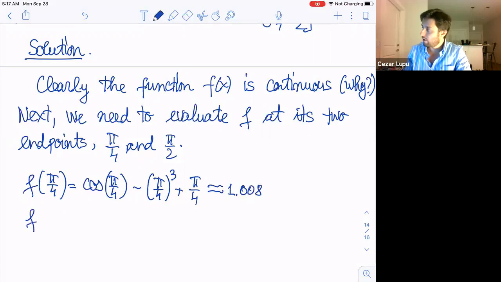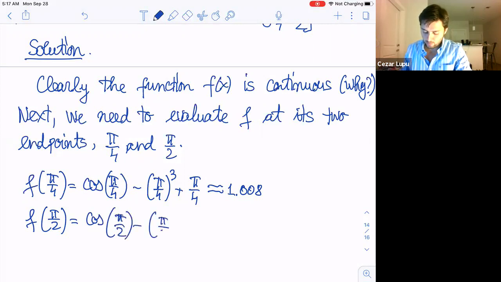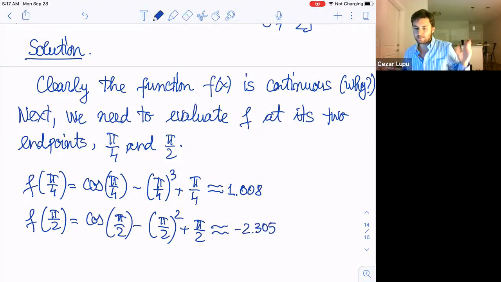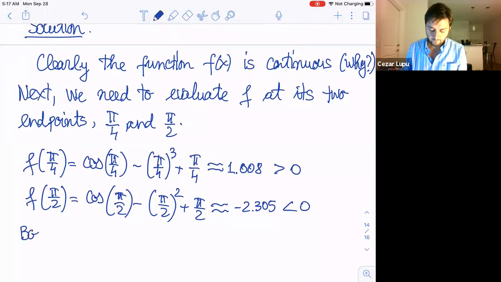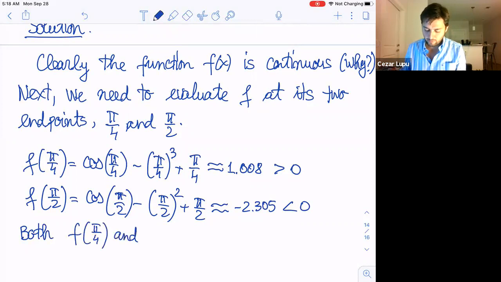And now if we compute f of pi over 2, this will be nothing else than cosine of pi over 2 minus pi over 2 squared plus pi over 2, which is approximately negative 2.305. Well, this is what it says in the notes, okay? Well, as you can see, one of them is positive, the other one is negative, so f of pi over 4 and f of pi over 2 have opposite signs.